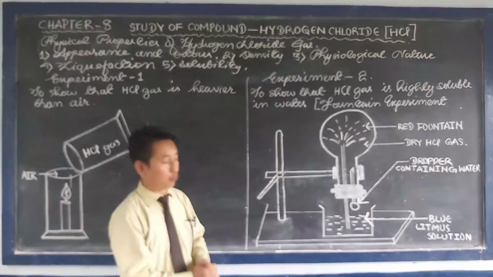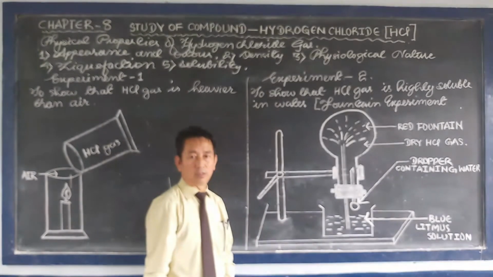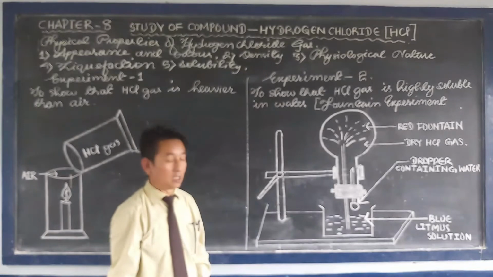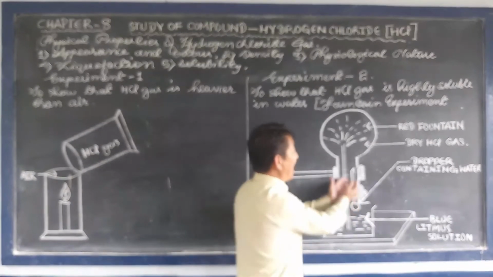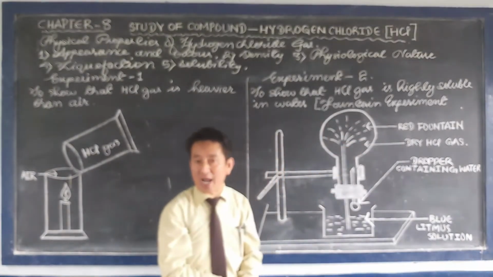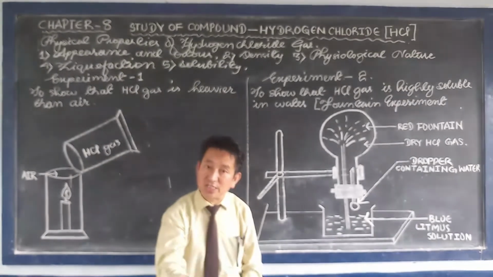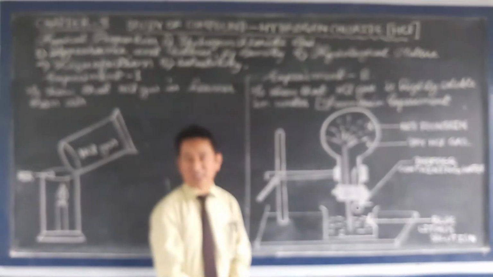Now next step, when you squeeze or press the dropper containing water, the water in the dropper enters the flask, which is filled with dry hydrogen chloride, and this hydrogen chloride readily dissolves in water and forms hydrochloric acid.